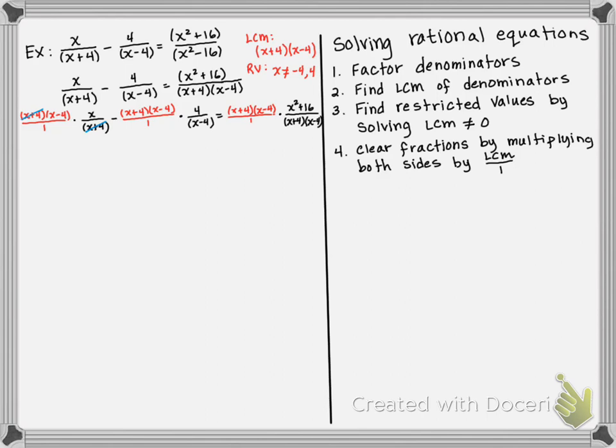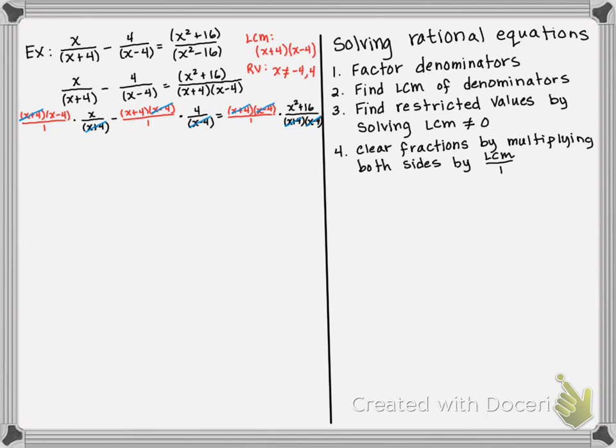Well, my x plus 4 will cancel here. My x minus 4 will cancel here. And then both factors will cancel here. At this point, when you look across the bottom, the only thing there should be is 1s.